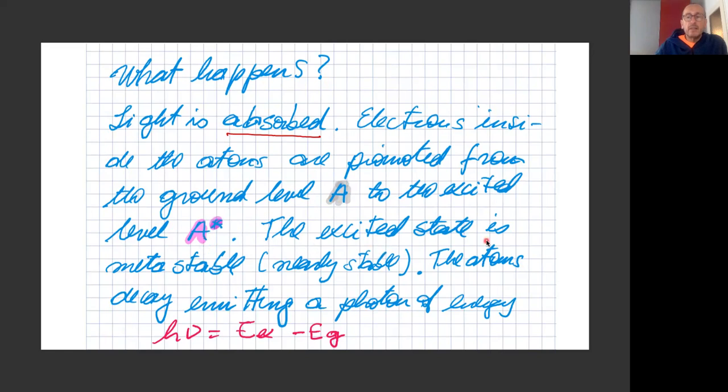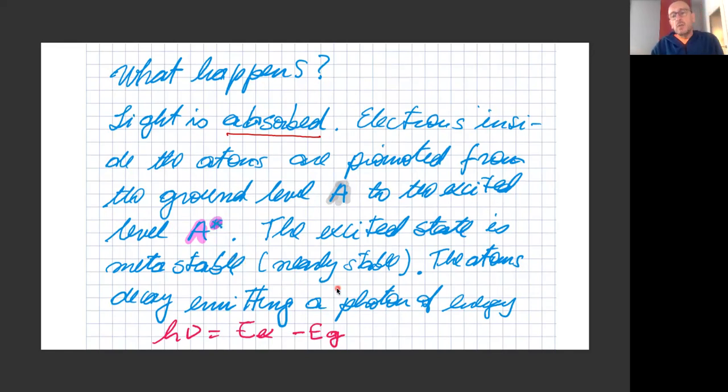The excited state is metastable. What does metastable mean? It means it's nearly stable. So the atoms are going to live in this excited state for a while, and then they're going to decay.